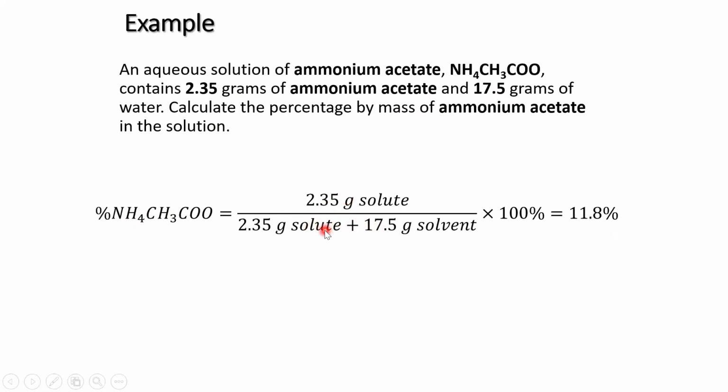And we know that because of the law of conservation of mass, we just have to add the solute and the solvent together, and that'll give us the mass of the solution. So we're taking the component we're looking at, dividing it by the total, and multiplying it by 100. So this particular solution is 11.8% by mass.